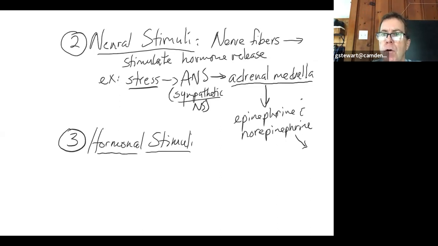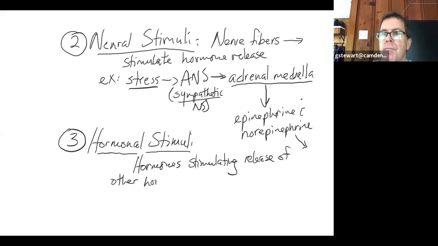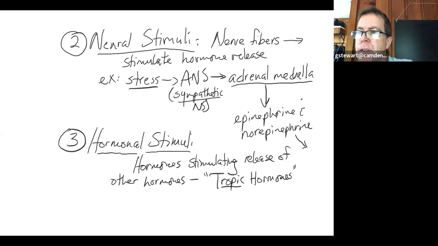So it's just hormones stimulating release of other hormones. We call these first hormones tropic, spelled tropic, but we pronounce tropic. So tropic hormones are hormones that when secreted, they cause the release of other hormones somewhere else in the body.